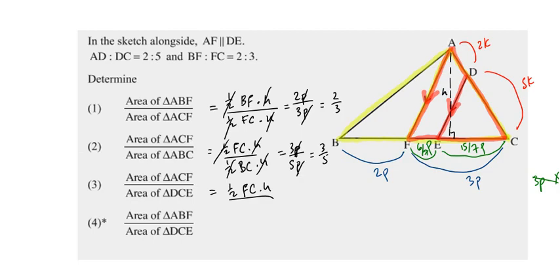The danger is there because when you look at DCE, the height is not for DCE, because the height for DCE is actually here. You see that? The height for DCE is actually there.